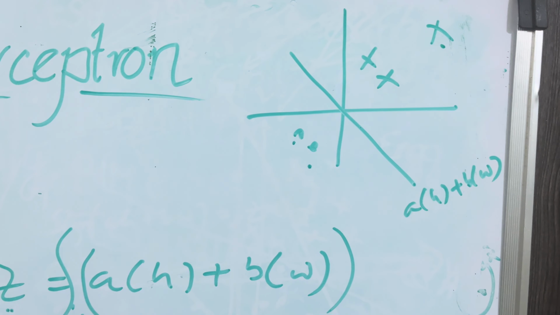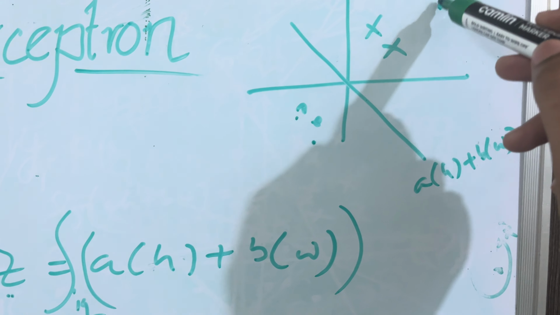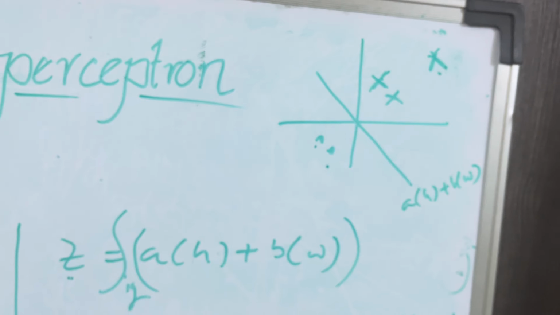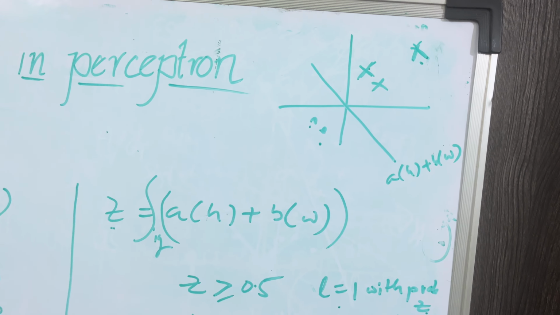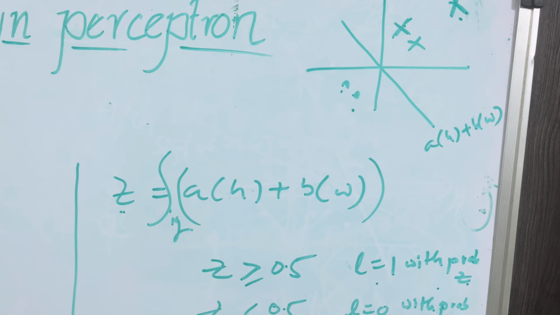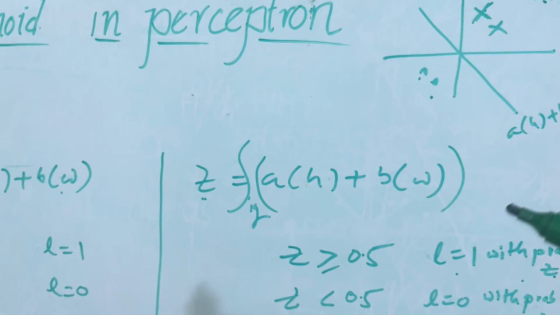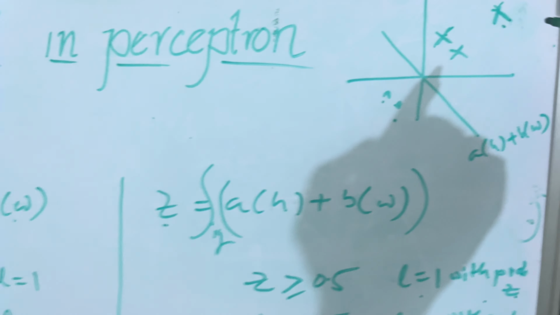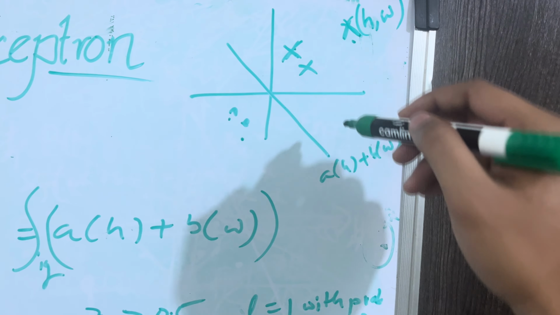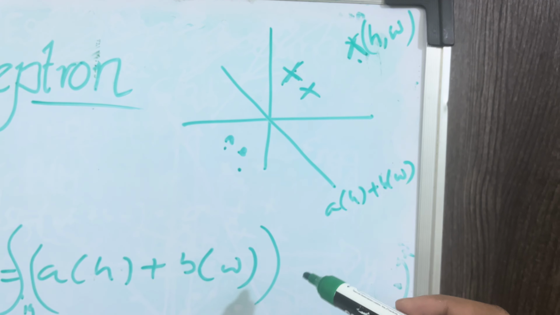So we have to show the significance, that this point has higher probability than this point. For that, we can do one thing. If we compute just the Z value, A into H plus B into W, for this H comma W, it is a dot product of basically this plane equation.